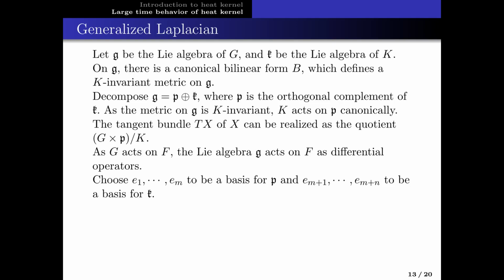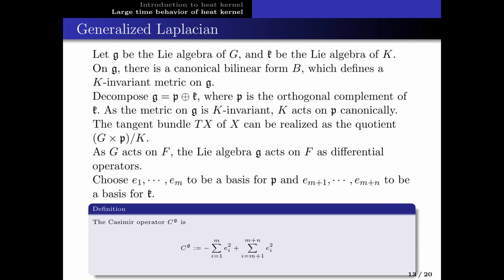Here I'm trying to write down this operator explicitly. To do that, I use a basis of p and also a basis of k. You can see that p has dimension m and k has dimension n. The operator of interest is usually referred to as the Casimir operator for the Lie algebra g.